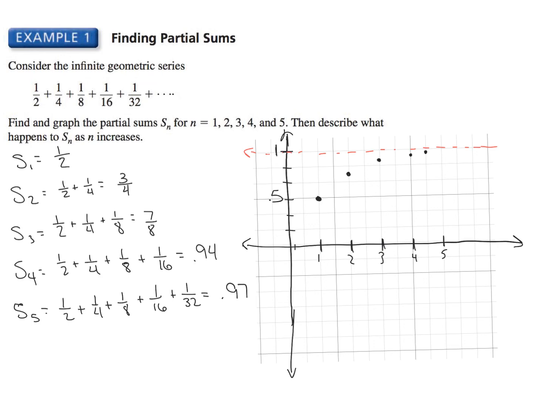We can say that we are approaching 1 as my n value increases. As n goes to infinity, our y values are approaching 1. If you go and look at 1/64, it's going to get you even closer. So that's how this one looks.